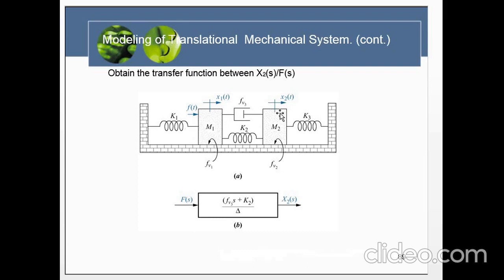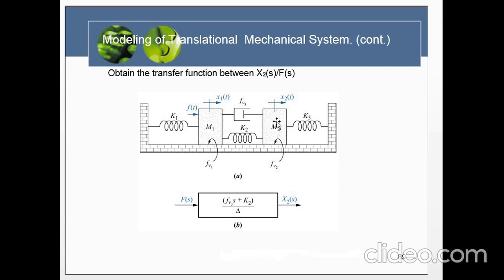In between M1 and M2 there is a damper component with damping ratio Fv3, and also there is a spring with spring coefficient K2. Then M2 and the wall are also connected by a spring with coefficient K3.